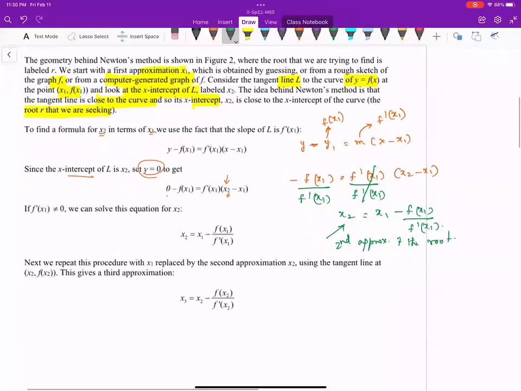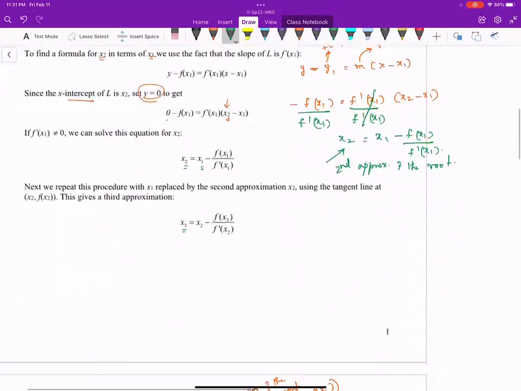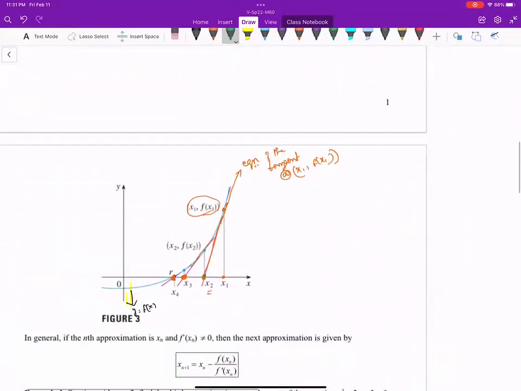Now similarly we can find out more. So we have got a formula for x2: the second approximation is equal to the first approximation minus f at the first approximation over f prime at the first approximation. Suppose you do the same thing in the graph: you draw a vertical line and see where it crosses the curve.